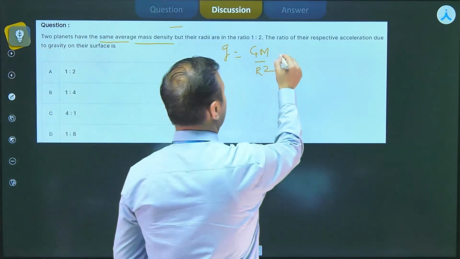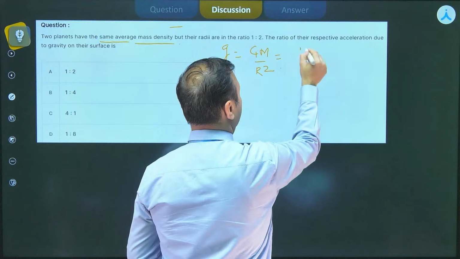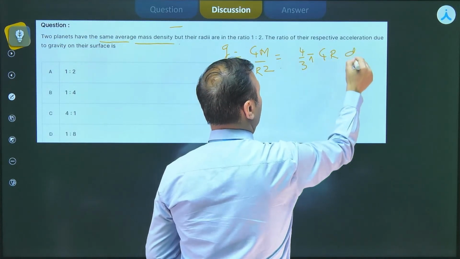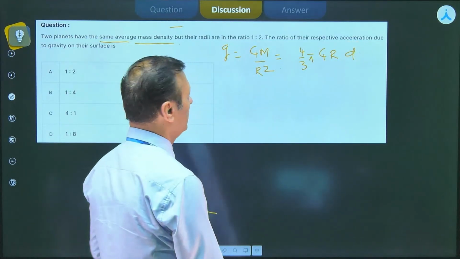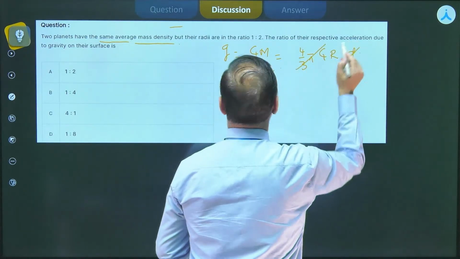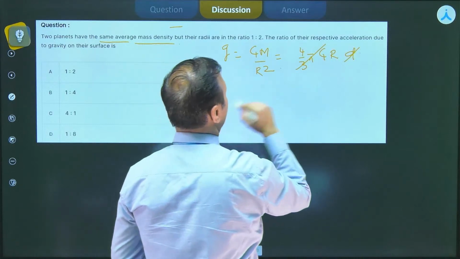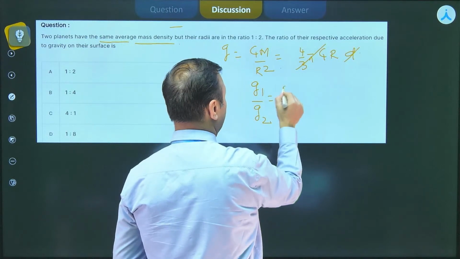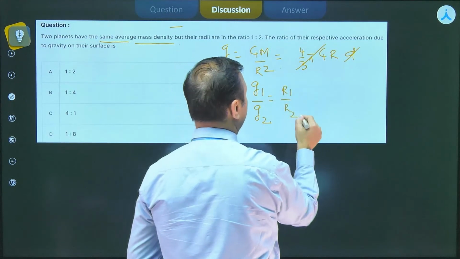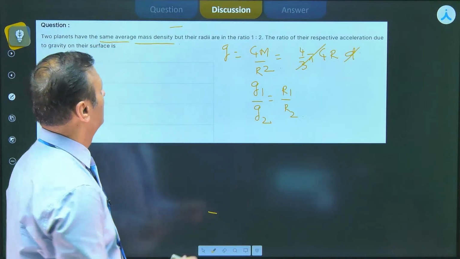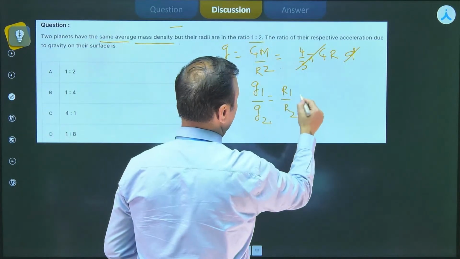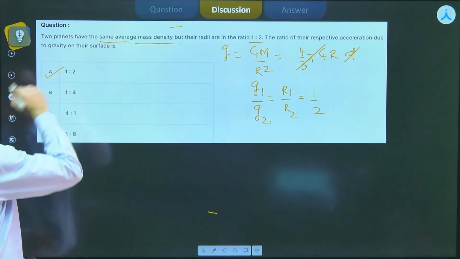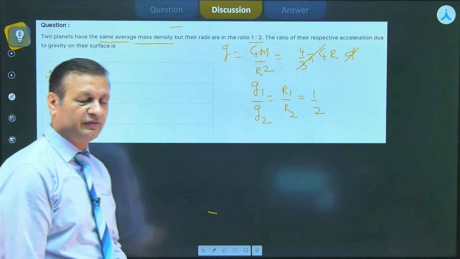Got it or not? So the other formula for g was 4 by 3 pi G r into density. Now this is constant part and density is also same. So g1 by g2 is definitely the ratio of their radii only, that is 1:2. So this ratio is the first option we have.